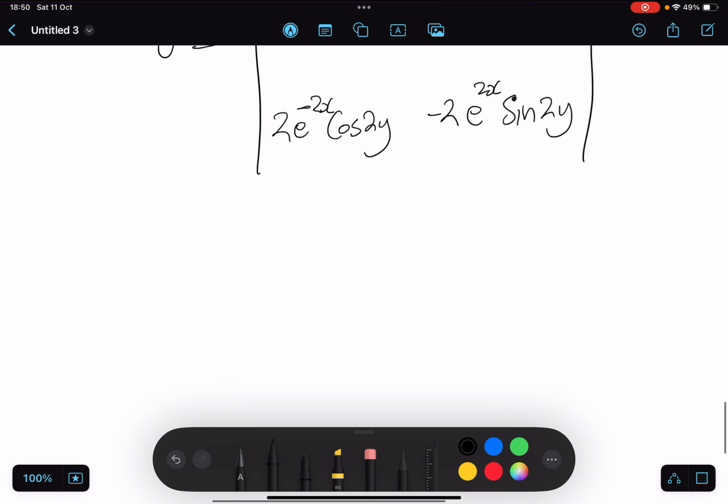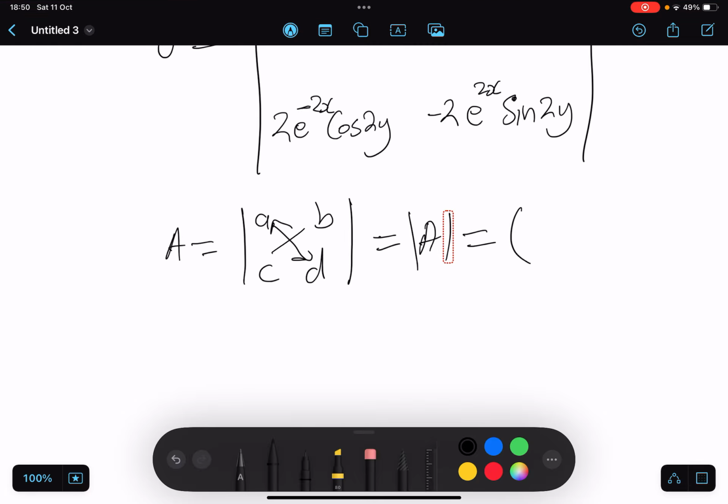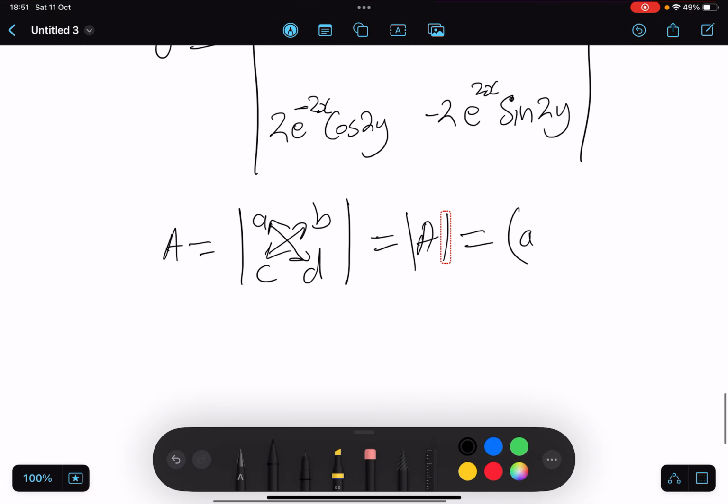If you are given A equals the matrix with rows a, b and c, d, and you want to find the determinant, modulus of A, this is going to be this multiplied by this minus this multiplied by this. So it's going to be ad minus cb. That's what you're going to do here.